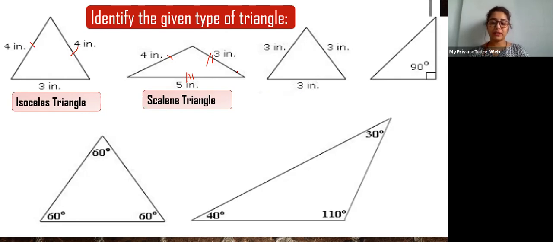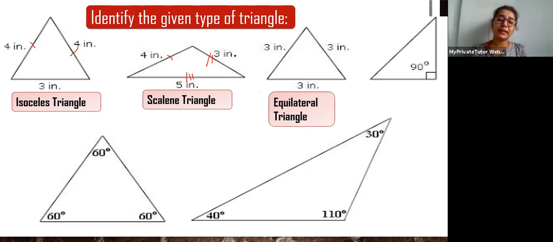Next we have an equilateral triangle. How do you identify that it is an equilateral triangle? You can see that this side, this side and this side are all 3 in measurement. That means all sides are equal, and that type of triangle is called an equilateral triangle.